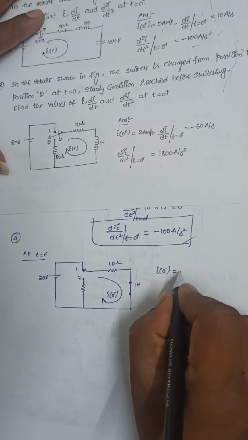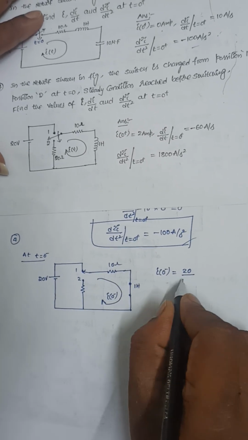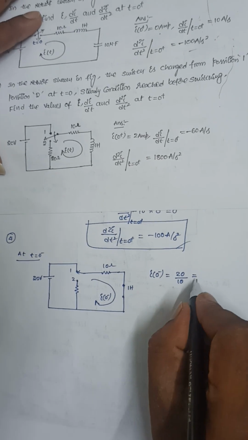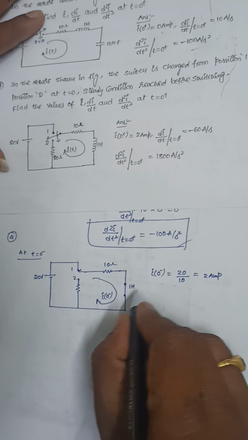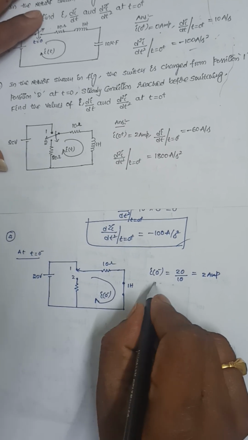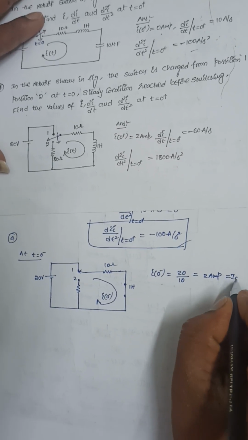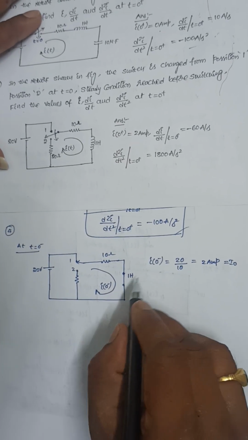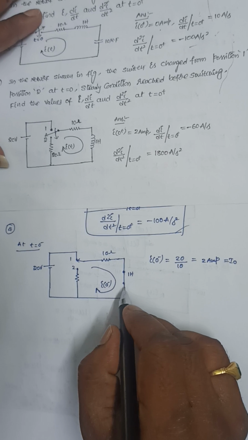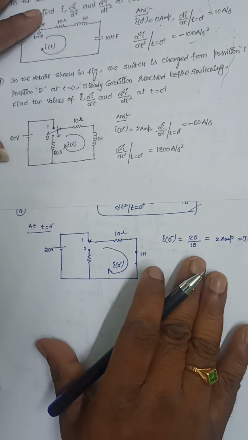So i of 0 minus is equal to 20 divided by 10, that is equal to 2 amperes. So the initial current through the inductor is I0 equal to 2 amperes. At t equal to 0 plus also, the same current will flow through the inductor because the inductor doesn't allow sudden changes in current.